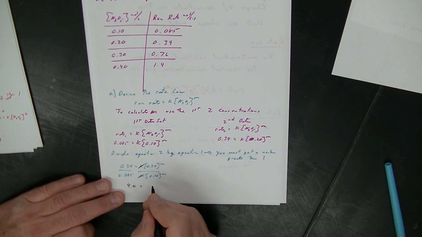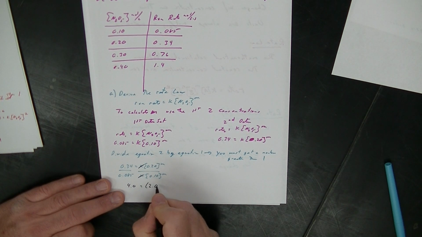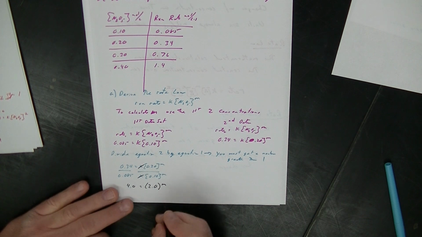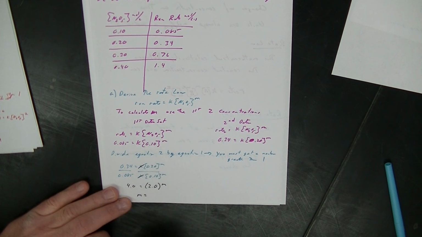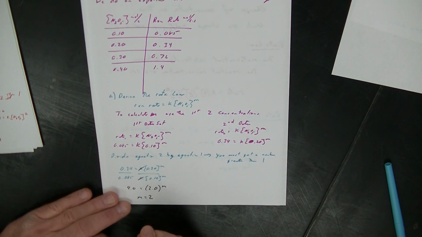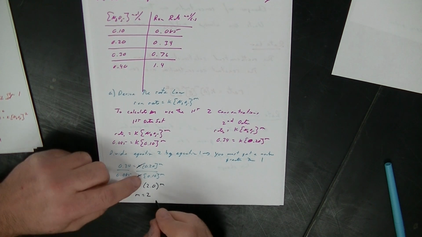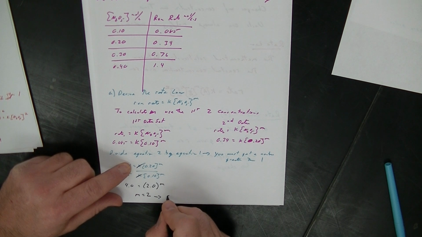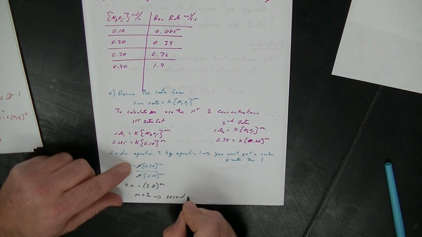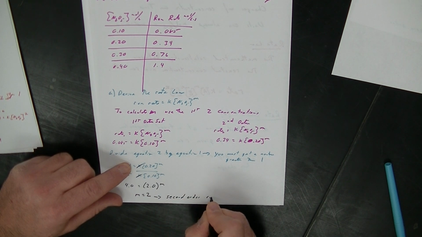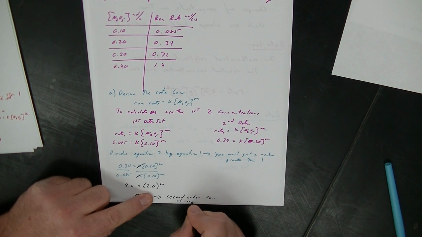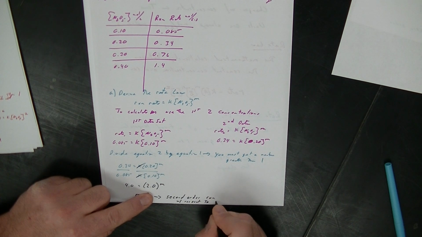When we do this math, we end up with 2.0 to the M. M ends up being 2, which means this is a second order reaction with respect to N2O5.